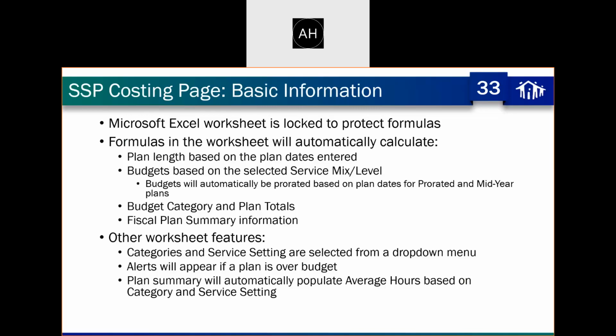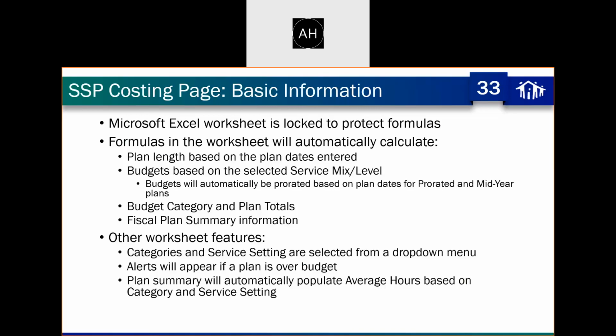It will pull the budgets based on the selected service mix and level, and those budgets will automatically be prorated based on plan dates for the prorated and mid-year plans. The budget category and totals will also automatically calculate, as well as a fiscal plan summary of information, and I'll show an example of that in some later slides.